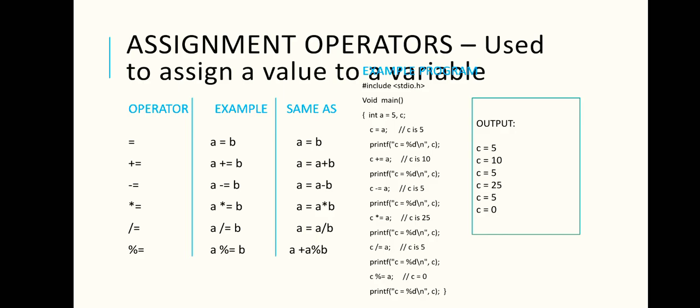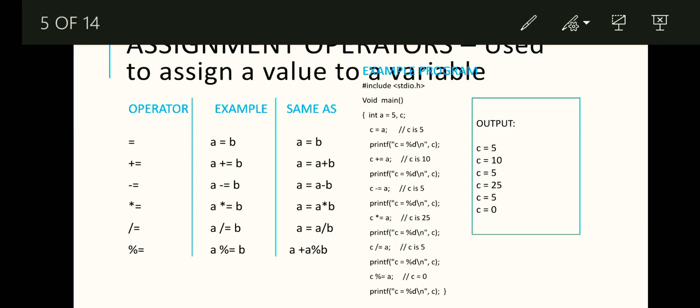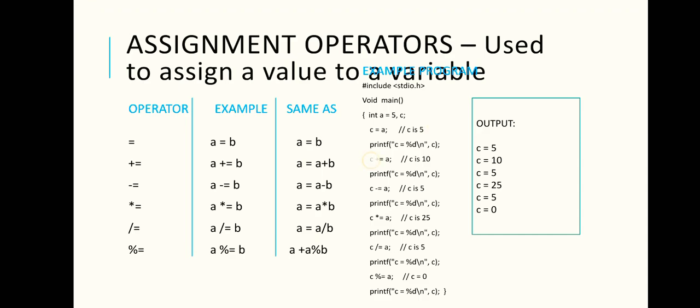And here's an example. We are initializing a is equal to 5 and c here. C is equal to a just assigns c the value of a. So c becomes 5 now. C plus equal to a is nothing but c is equal to c plus a. So as c is already 5 and we are adding 5 to it, c now becomes 10.